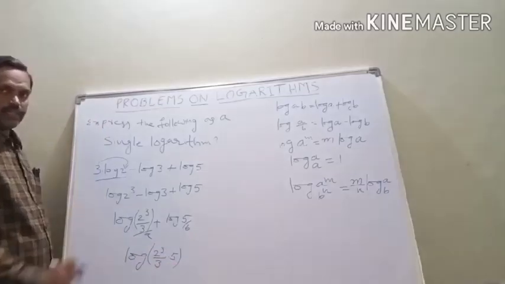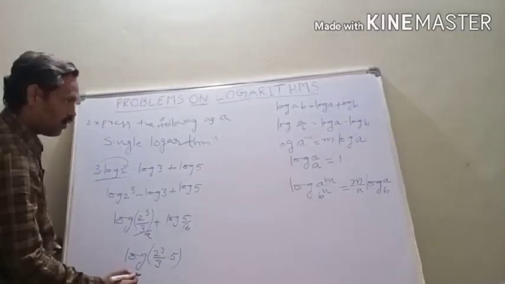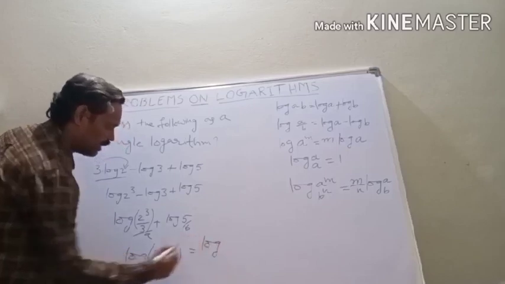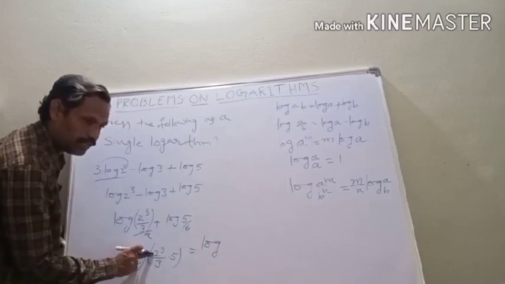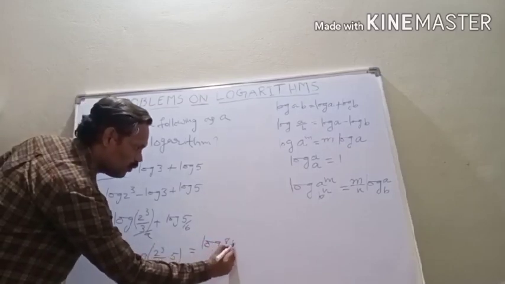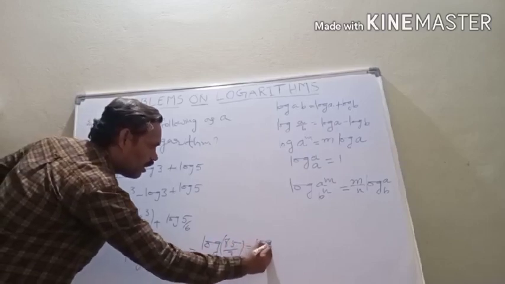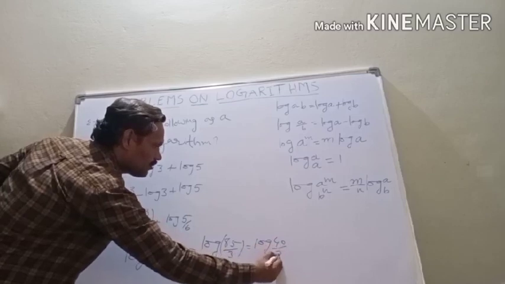Now you get a single logarithm. Therefore, the last step is you have to calculate the numericals. Log 2 cube is nothing but 8 into 5 by 3. So that is log 40 by 3.